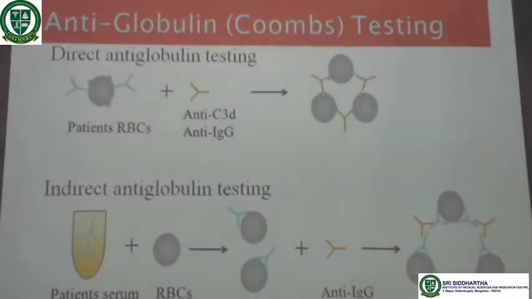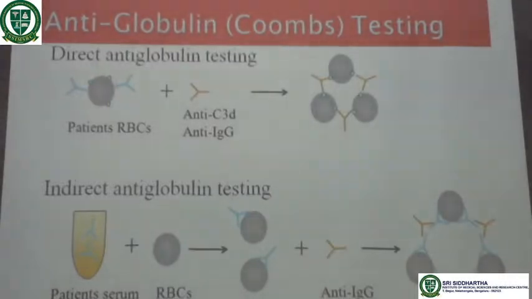Coombs reagent will bind all the RBC antibodies together, and it appears like a clump, an agglutination reaction, and it becomes positive. It's a very simple test. We call it direct Coombs test. We take the patient's RBCs and put Coombs reagent. Suppose they have antibodies attached to the antigen, they get clumped together, and you see it as a positive reaction. It's known as positive Coombs reaction.